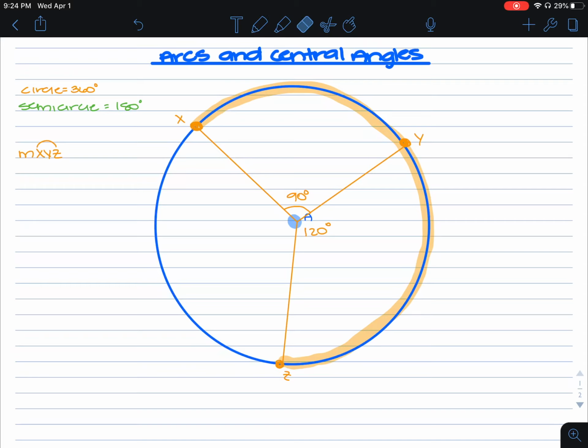Okay, so I'm going to erase actually this part for a second. So let's talk about this arc here. Well, what is the measure of that green arc? Again, if my central angle is 90, then the measure of my arc is also 90. Again, only if it comes from the center. In this case, that is from the center of the circle.